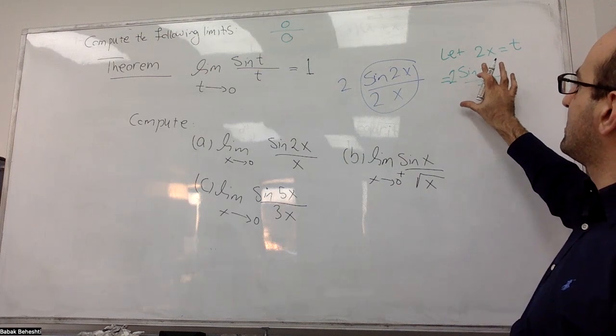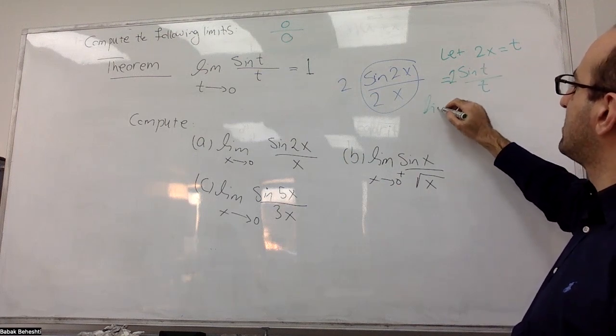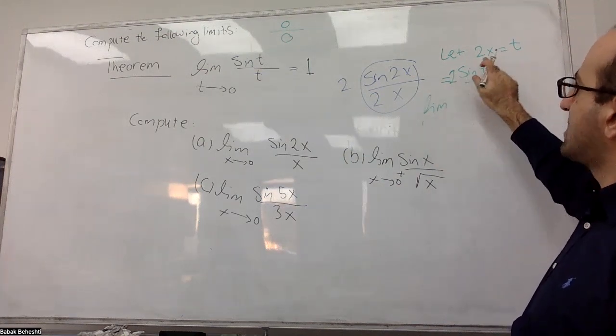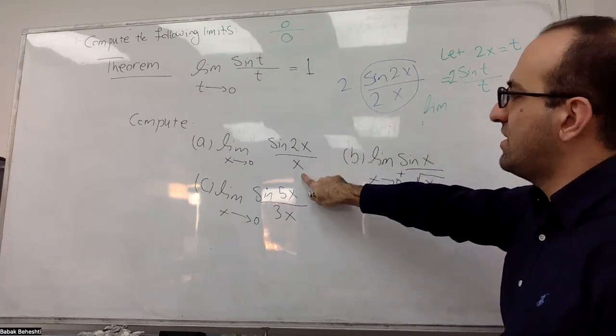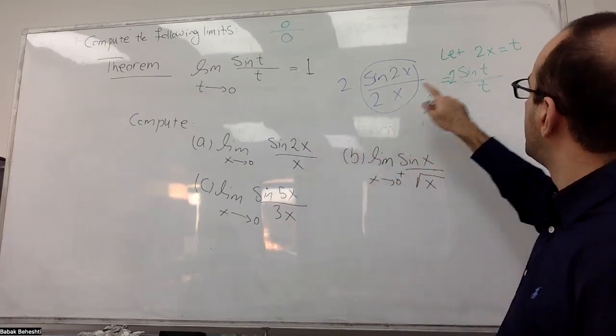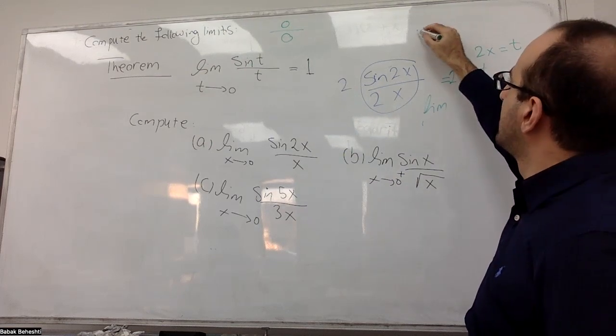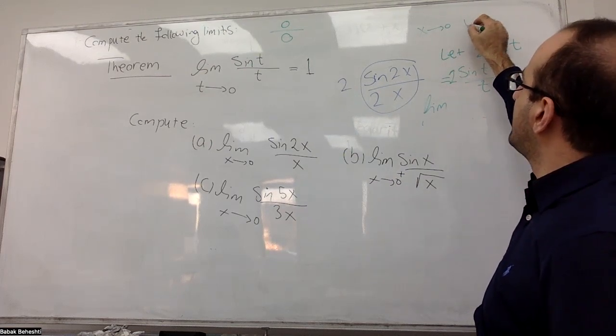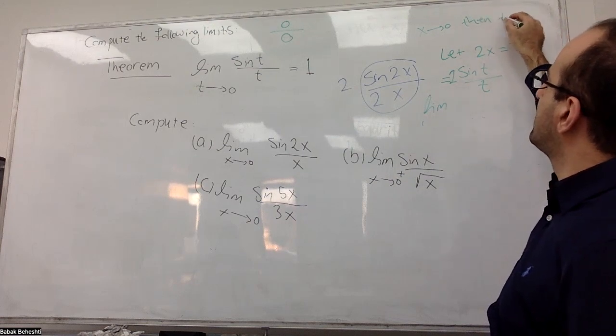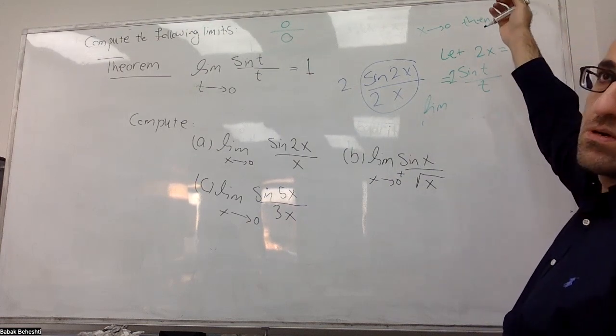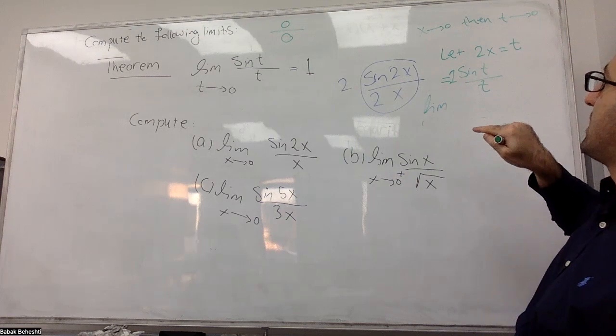Now if you take the limit, when x goes to 0, t equal to 2x also goes to 0, right? Because t is equal to 2x.